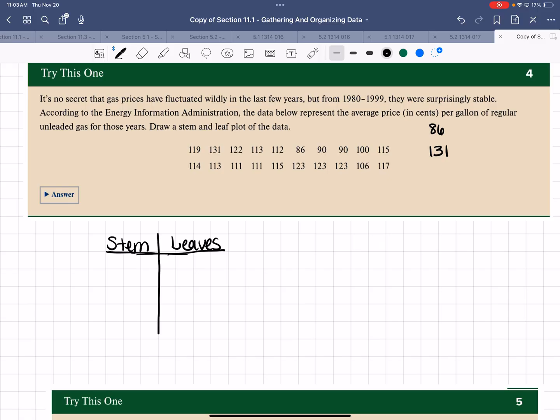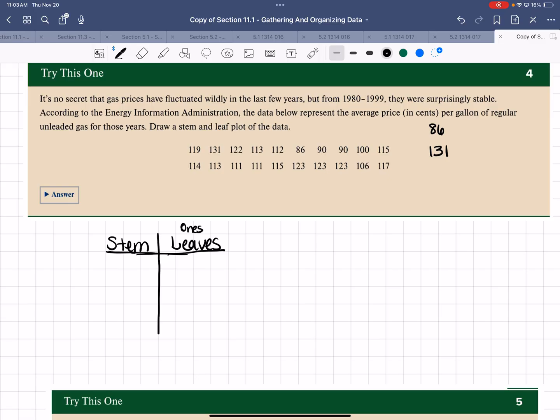But here I've got all the way to the hundreds, right? But the one thing that whether it's a tens or it's a hundreds, they all have a ones, right? So I'm going to make ones go in the leaves. And the other chunk of the number, whether it's just a 10 or whether it's a 10 and 100, is going to be part of the stem, okay?